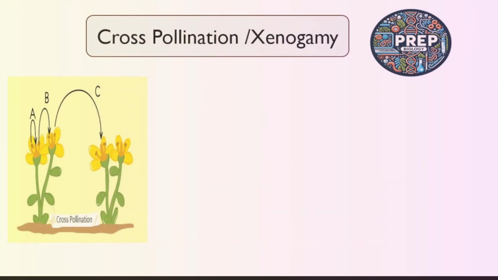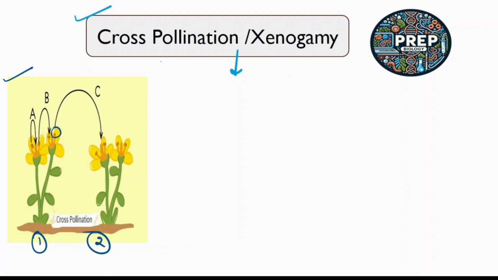Now, let's discuss the second type of pollination, that is cross-pollination or xenogamy. Cross-pollination or xenogamy means, if we look at this picture, the transfer of the pollen grains occurs from the anther to the stigma of a flower on a different plant.